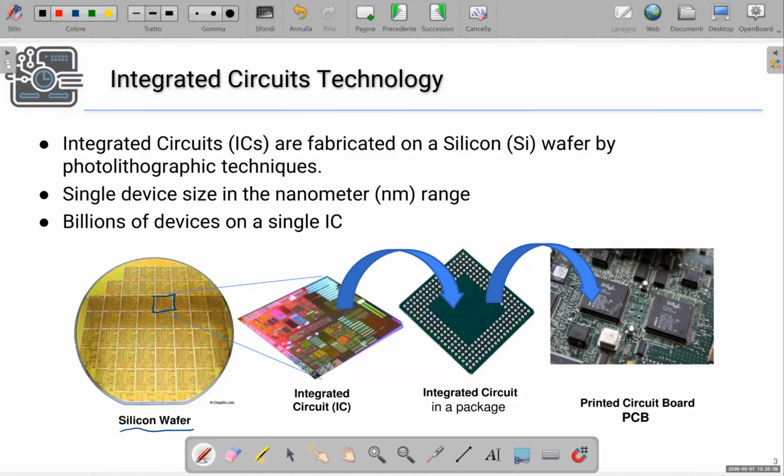This is basically how present-day electronic systems look like. By the way, the heart of these systems are the transistors which are integrated on the chips obtained on the silicon wafer.